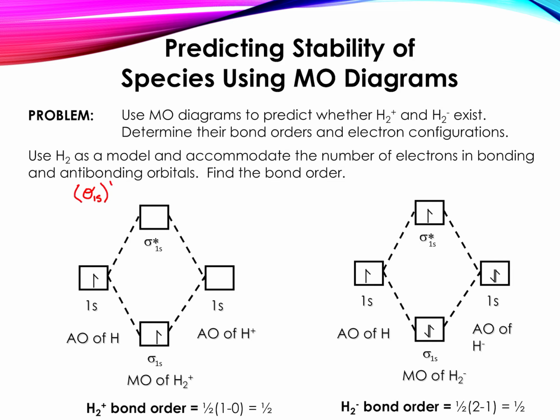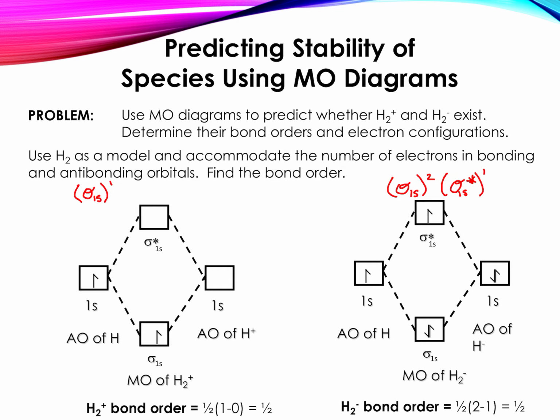If we look at H2 1-, we have sigma 1s with 2 electrons, and then sigma star 1s with 1 electron in that sigma star 1s.